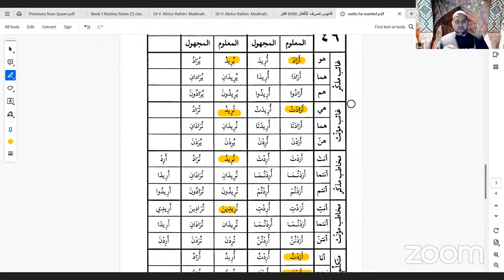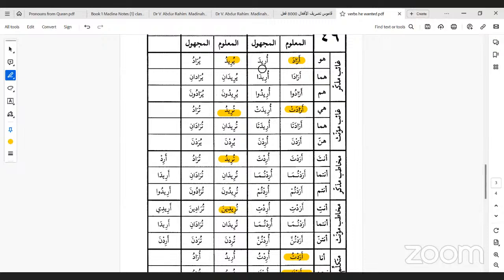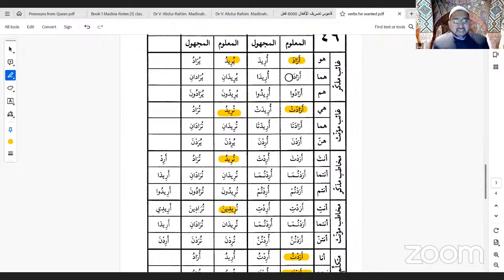It's a four-letter verb. So, alif, ra, alif, dal. So this is a 1, 2, 3, 4-letter verb, and this is a weak letter verb, where the middle letter is a weak letter. It's a ya. So that's the reason why. And which pattern is this verb on?